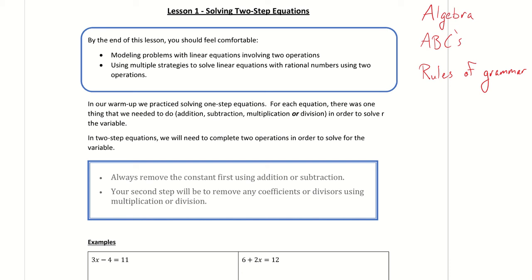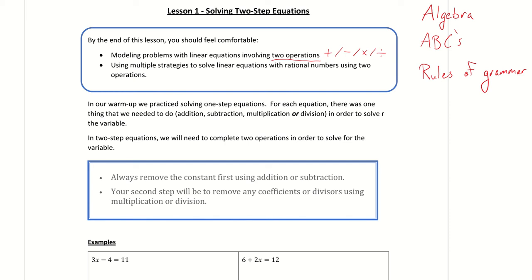All right, so by the end of this lesson, you should feel comfortable modeling problems with linear equations involving two operations. Again, an operation is something like adding, or subtracting, or multiplying, or dividing. Those are the four most basic operations.